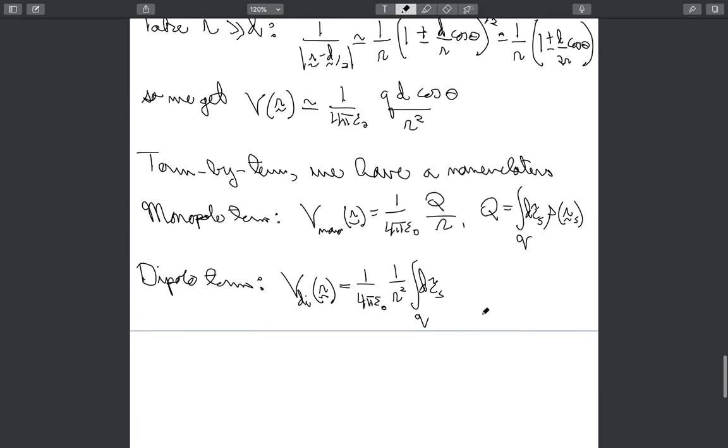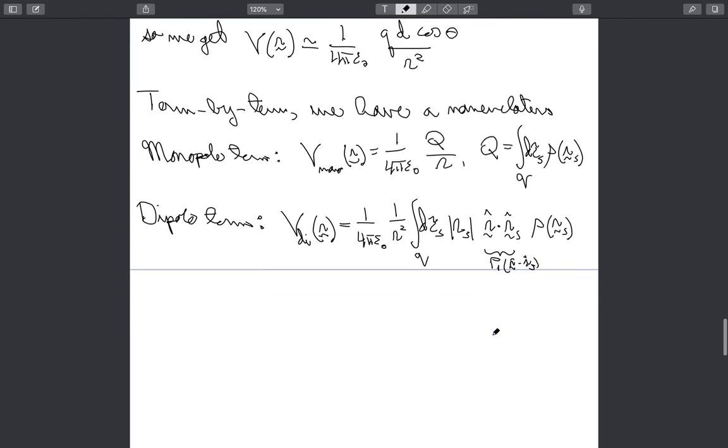Okay, so here I would just have the r source absolute value, and then just r hat dotted into r source hat, and this coming from P1 of r hat dot r source hat, with the rho of r source.